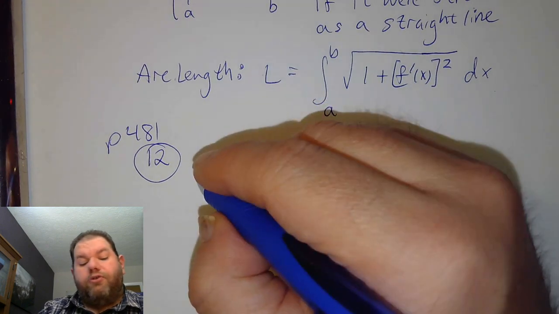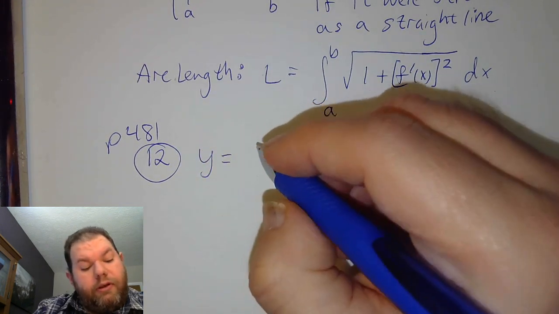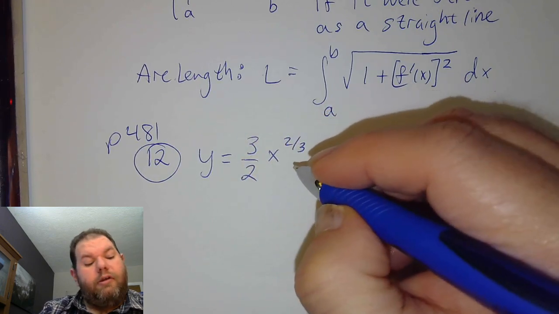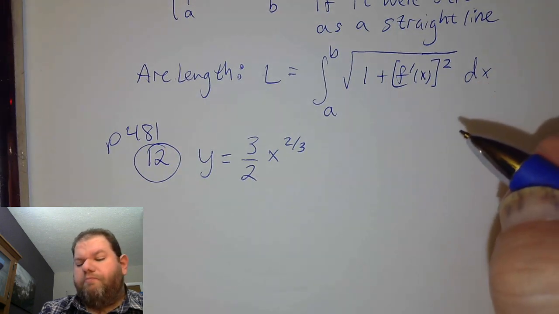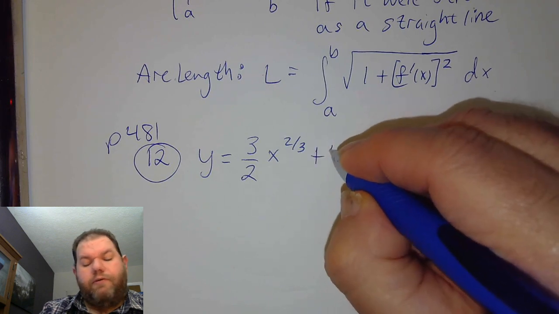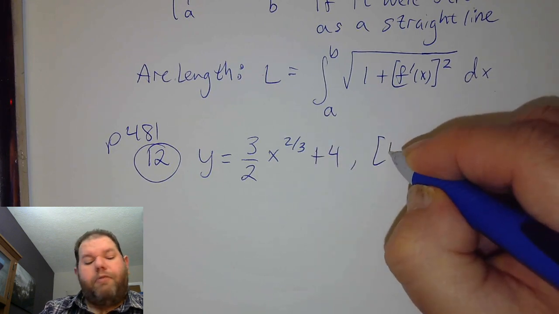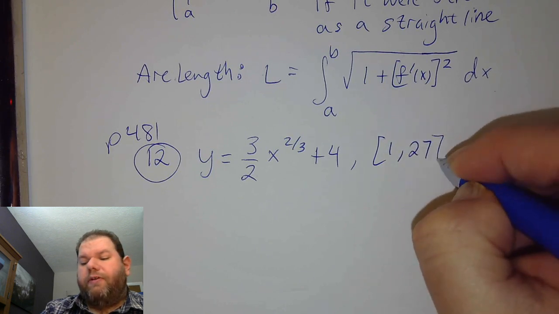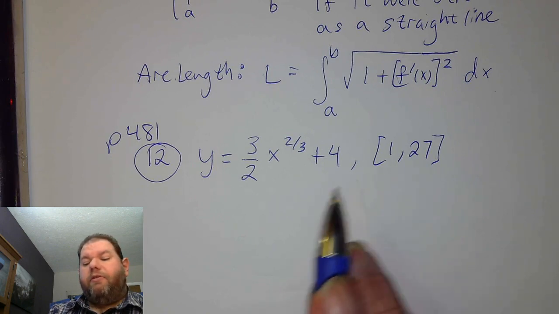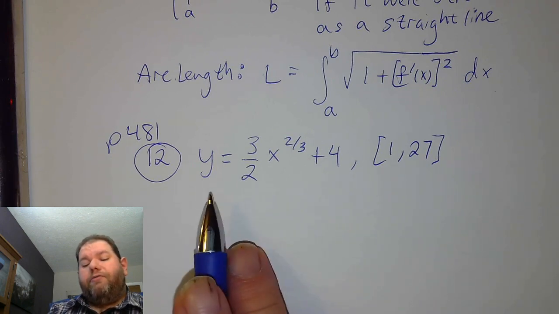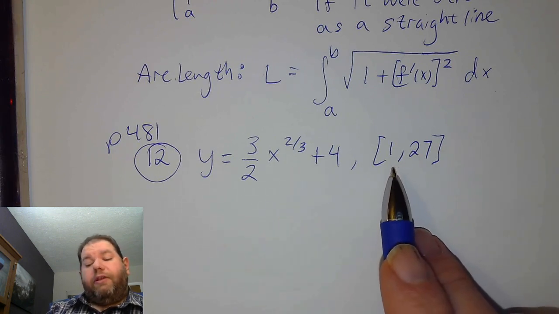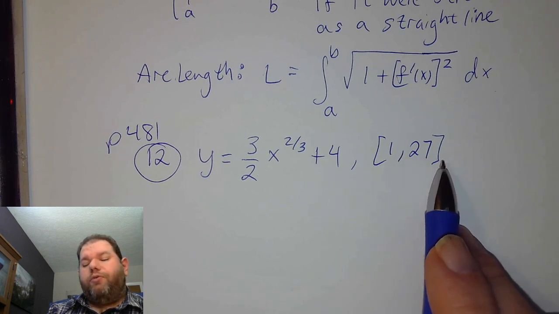Here we're given the equation y equals 3 over 2 times x to the 2/3 plus 4, and in brackets after that they have 1 comma 27. What this is telling us is these are the limits of integration we want to use. So we want to find the length of this arc created by the function y equals 3/2 x to the 2/3 plus 4. And we want the length of the arc from x equals 1 to x equals 27.